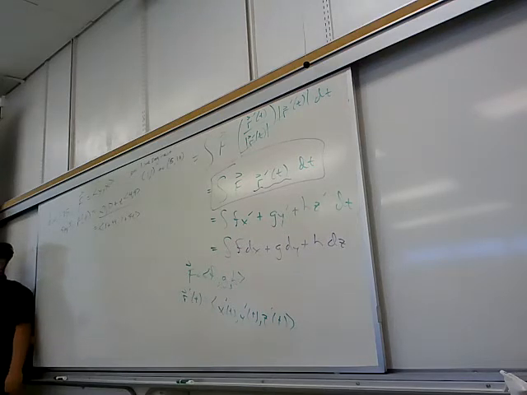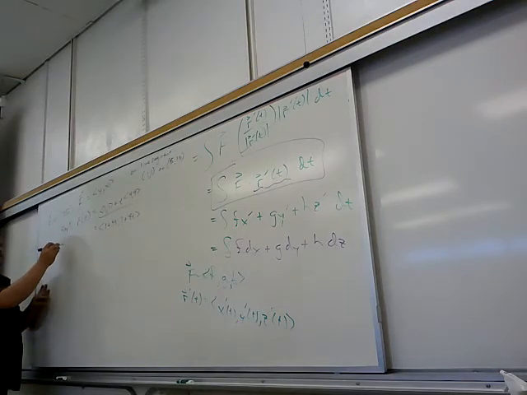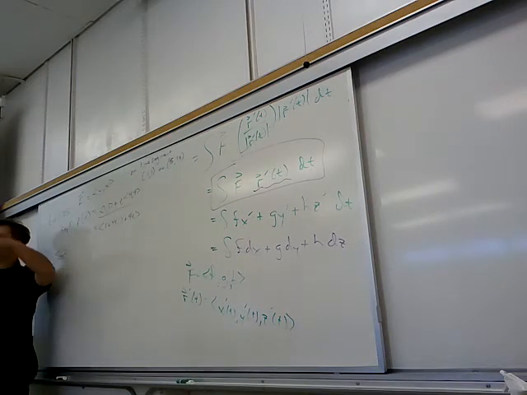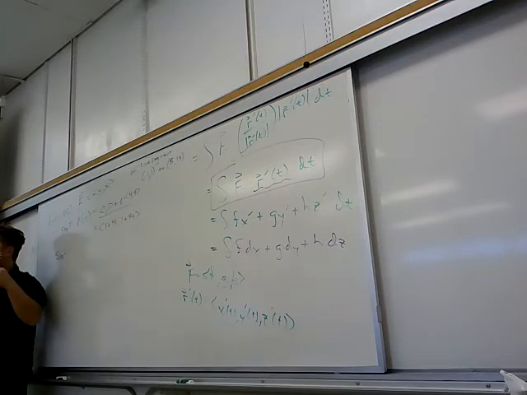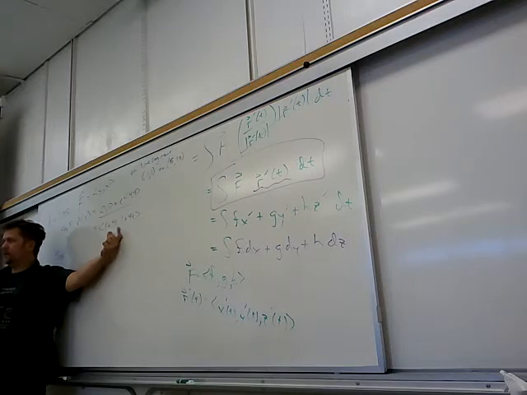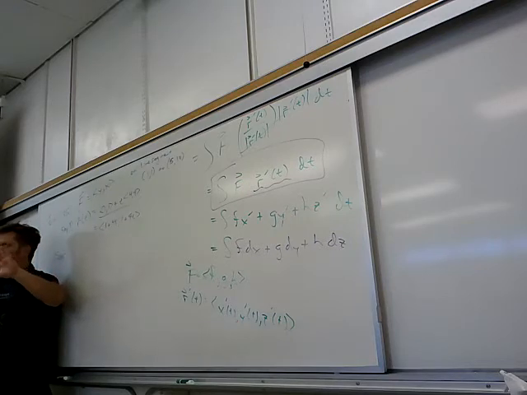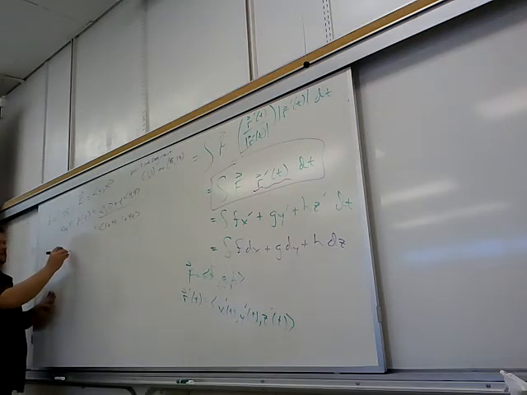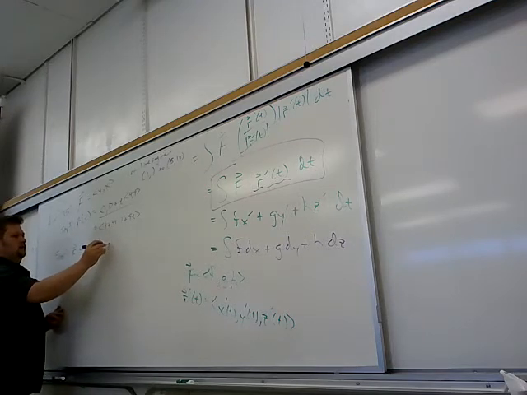Now step 2 is normally a good idea to first rewrite f before you find r prime, because one of the biggest mistakes people make is to plug the r prime stuff in. This tells me the points I'm allowed to use. R prime does not tell me the points I'm allowed to use. R prime just tells me the direction I'm going in. So how am I going to rewrite this then? Yeah, 1 plus 9t, 1 plus 4t.